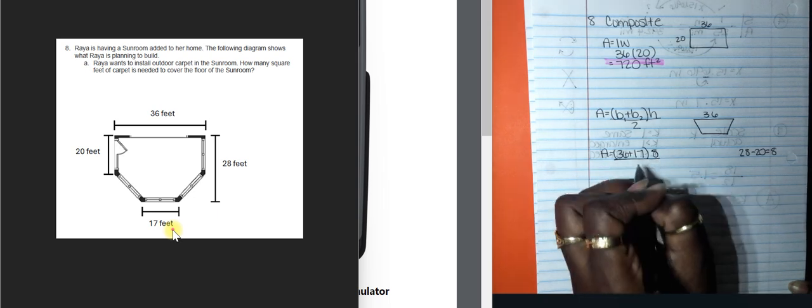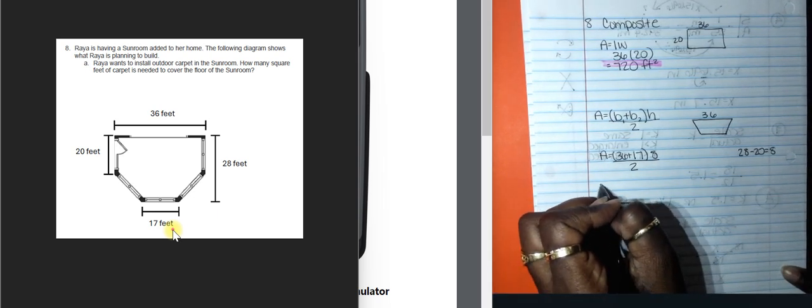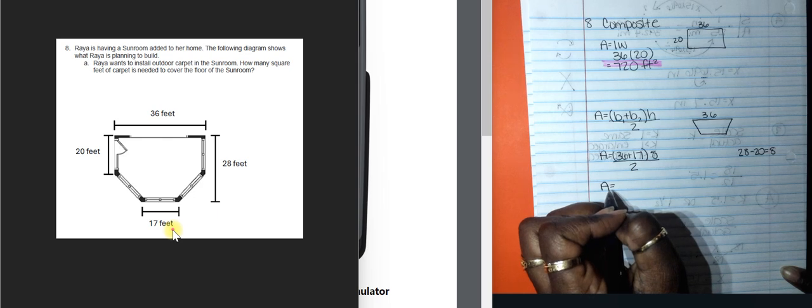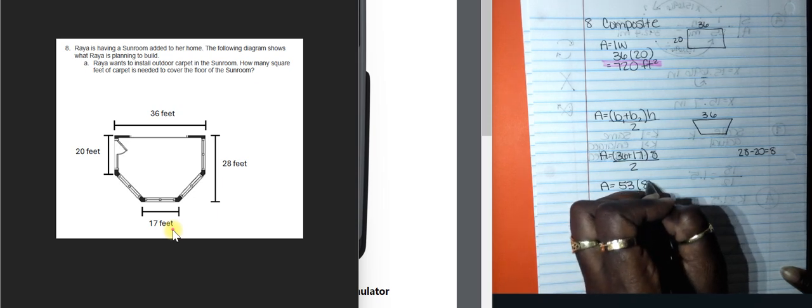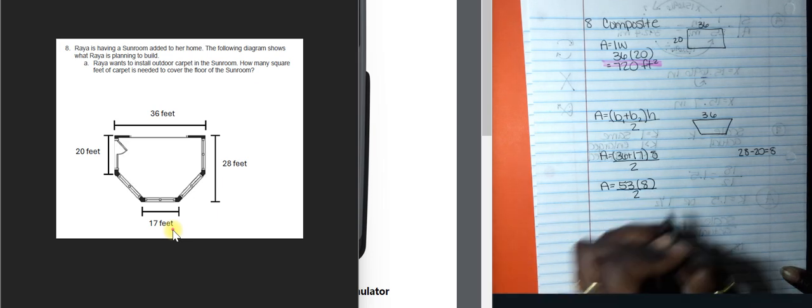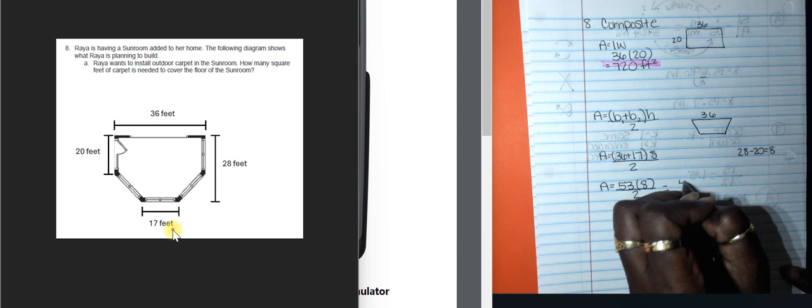And then we're going to divide that by 2. Okay. So if we find out what those calculations are, 36 plus 17 gives me 53. And then I'm going to multiply that by 8. And then finally, I'll divide by 2. So 53 times 8 gives me 424. Remember, you can plug that into your calculator.